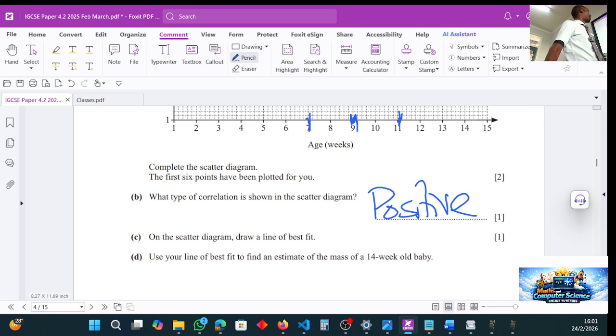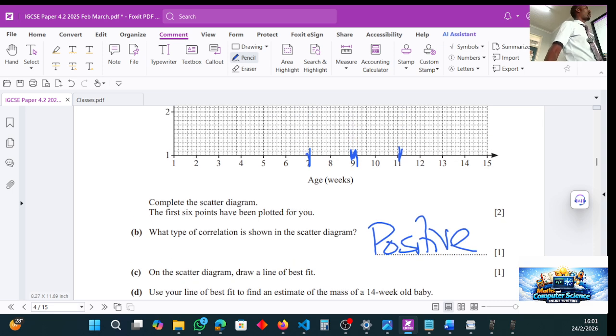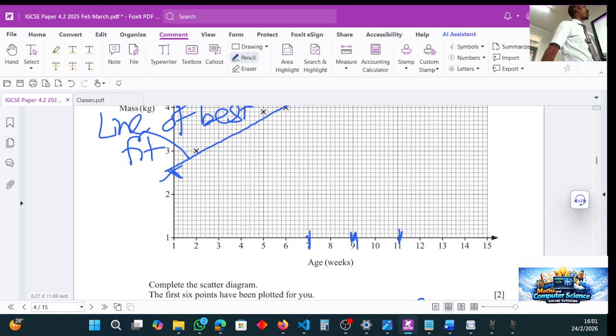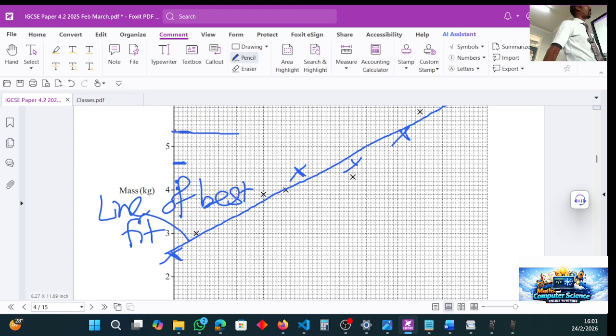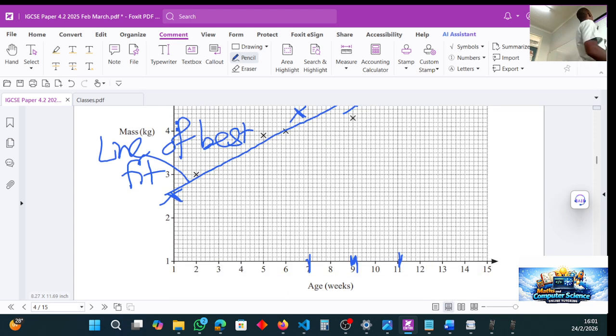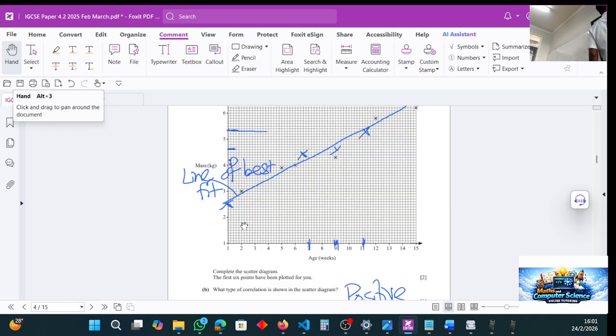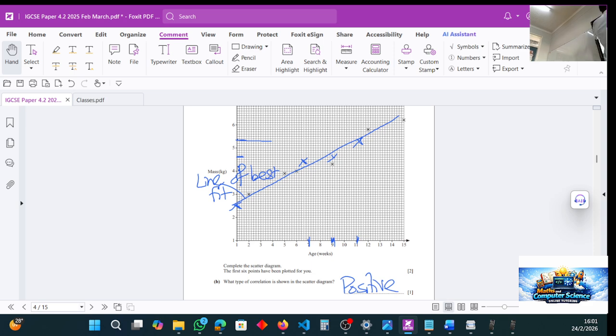So use your line of best fit to find an estimate of the mass of a 14-week-old baby. 14 weeks. So this is how we use it. This is where we have our 14. So we draw a vertical line.